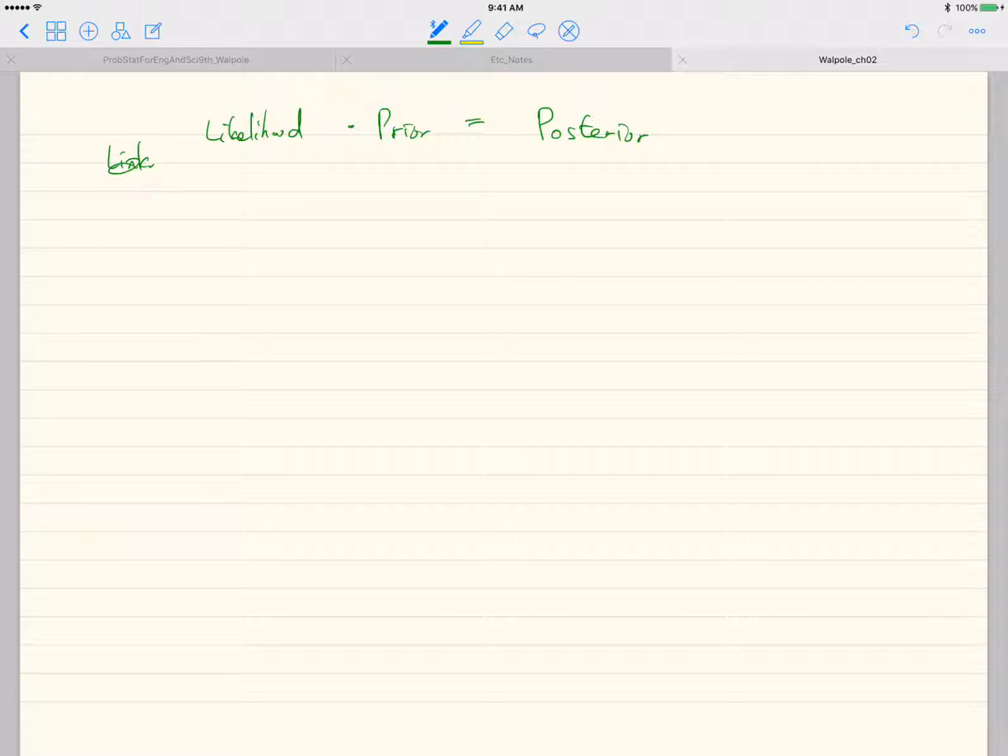So in this case, let me give just another example. Suppose we have to generate some samples from some Gaussian distribution. You are all familiar with the Gaussian distribution, but before sampling the data from it, we have to know the parameters of the Gaussian distribution, which are the mean and the variance, right?